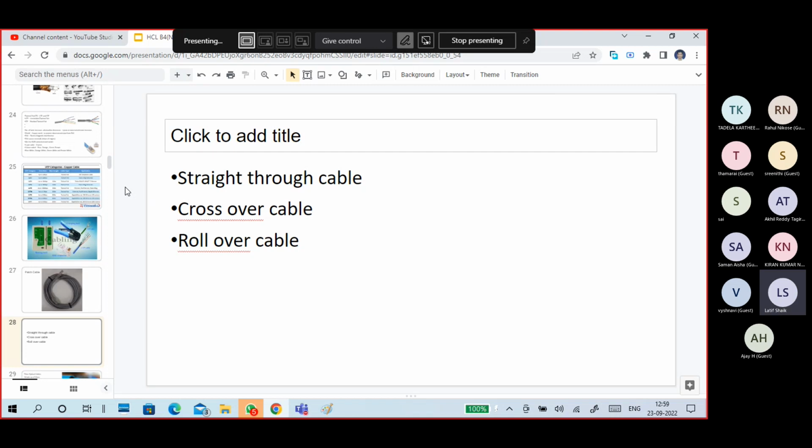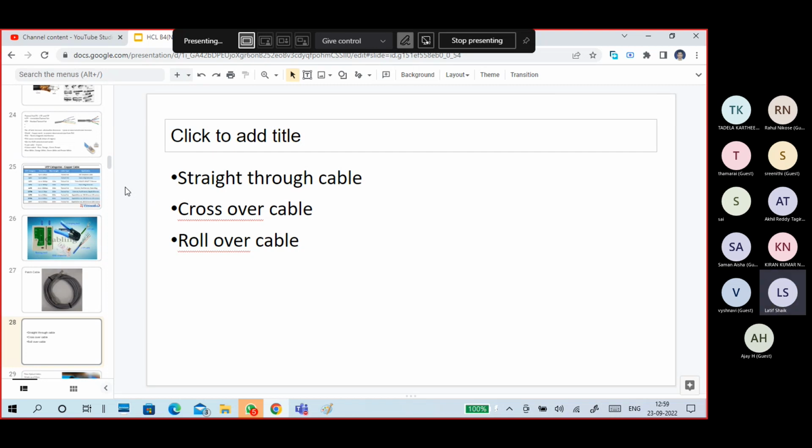These are the cable types: straight through cable, crossover cable, rollover cable. Straight through cable is used to connect your PC to a switch, or switch to router.